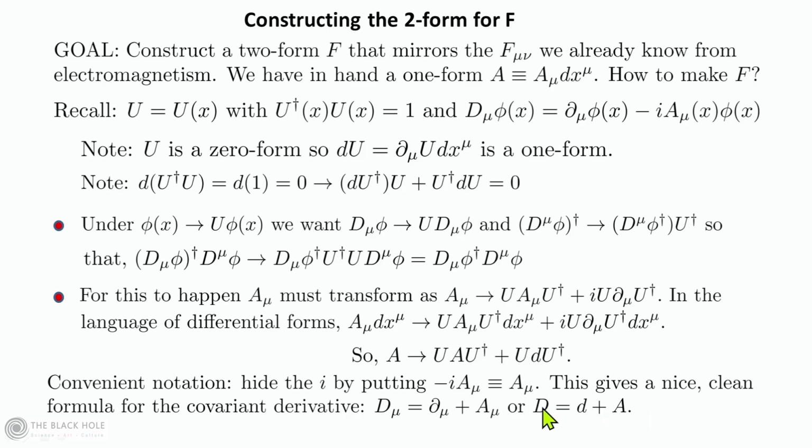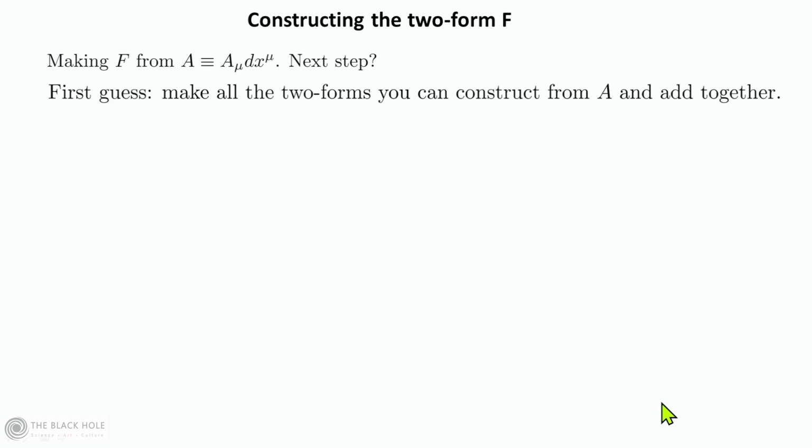And by the way, if you square this, you'll find something very nice and amusing. But I won't do that over here. So now, what will be the next step? We've made some progress. How do you go about trying to make the two-form F? Okay, the easiest thing is to multiply two one-forms together, and that makes it a two-form.